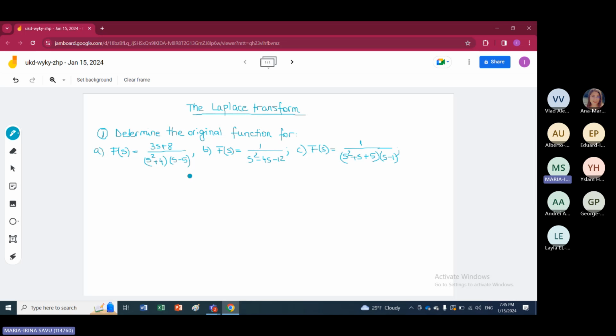Let's take a look at the first example. I've told you that in general, you have two methods for finding the original functions.